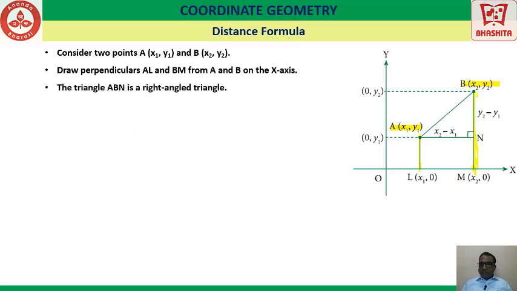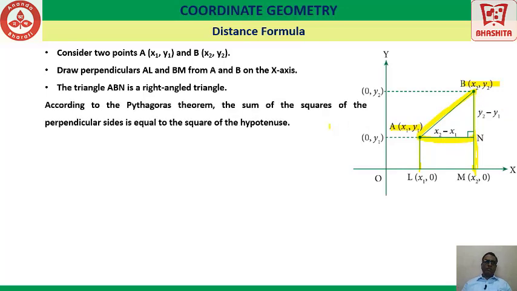The triangle ABN is going to be a right angled triangle, right angled at N. According to Pythagoras theorem, the sum of the squares of the perpendicular sides, namely (x2 minus x1) square plus (y2 minus y1) square, that is AN square plus BN square, would be equal to AB square.